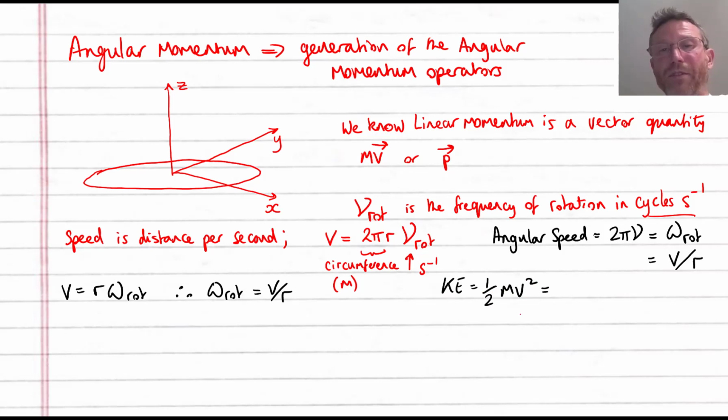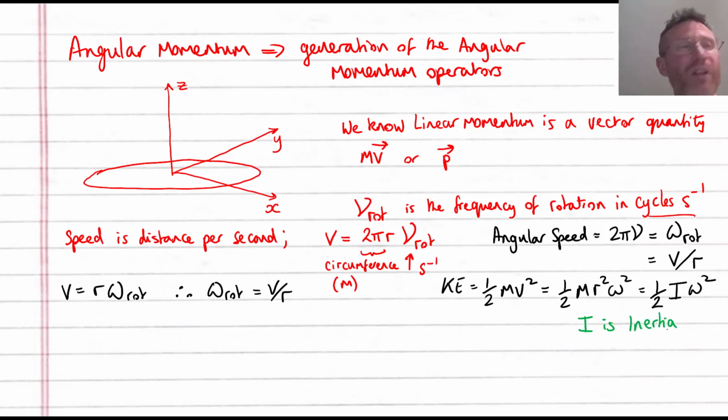So now we can substitute for v, because v is equal to r omega. So this would be equal to 1/2 m r squared omega squared. And it turns out that that is also equal to 1/2 I omega squared, where now this I is what we call the moment of inertia.